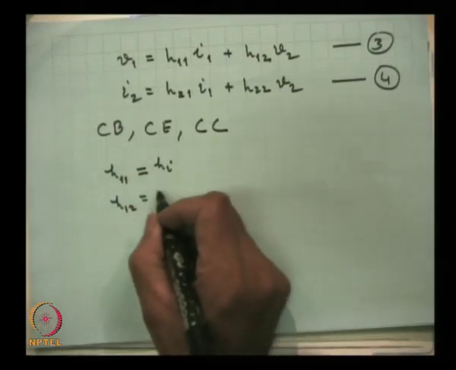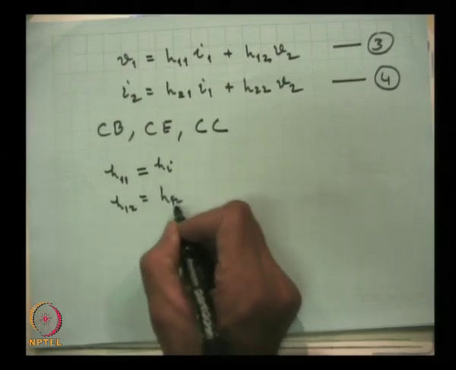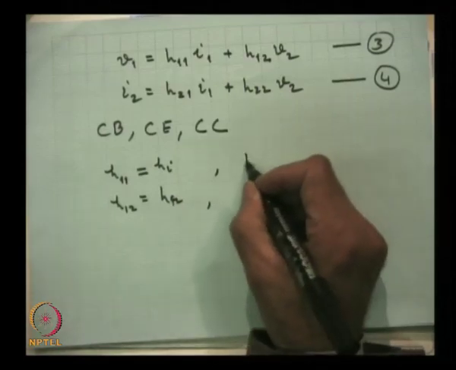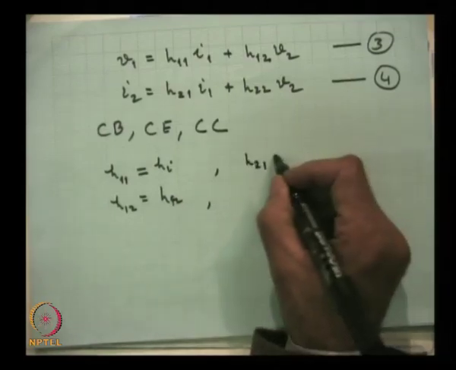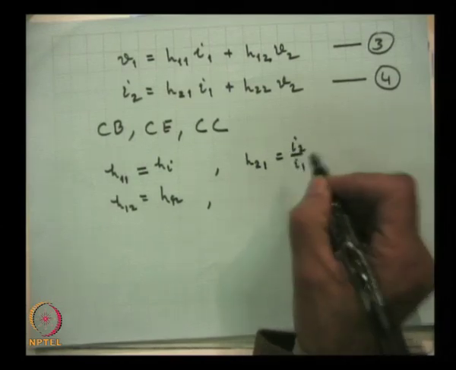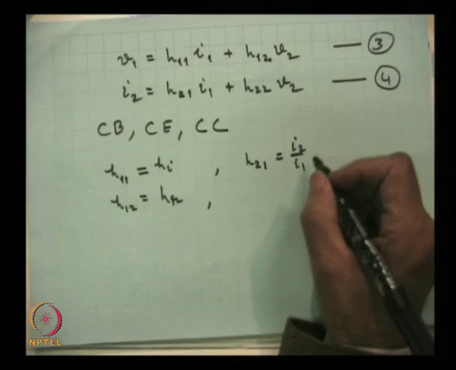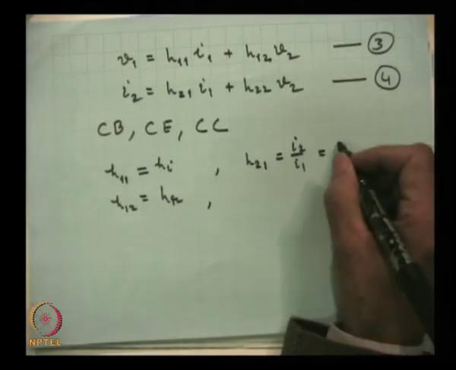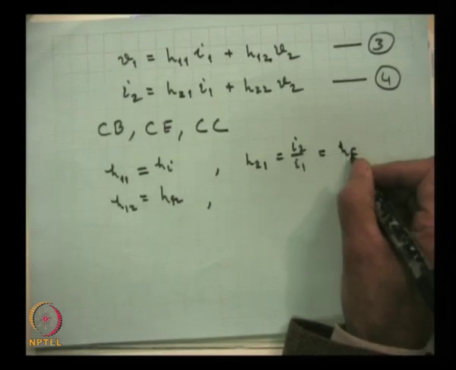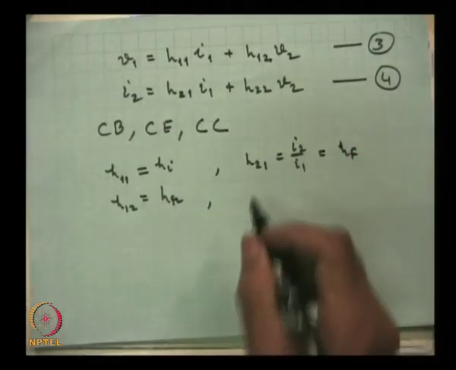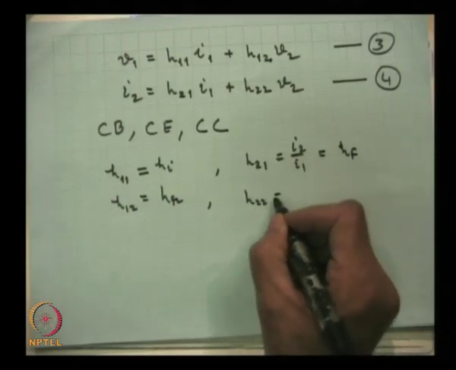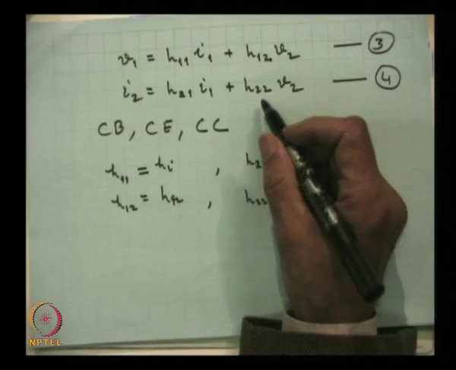So, this is HR, R for reverse, and similarly H21, this is I2 by I1 under certain conditions, but this is written as HF, F for forward, and the fourth parameter H22 has dimensions of admittance.